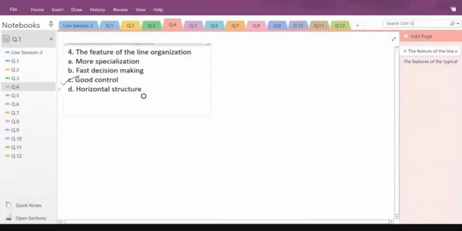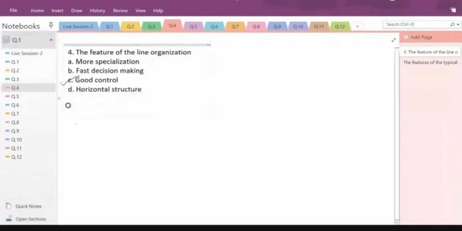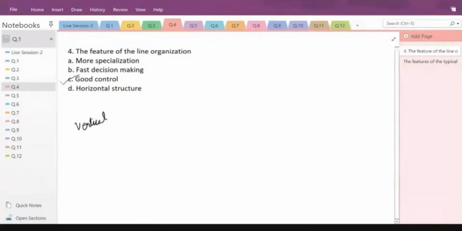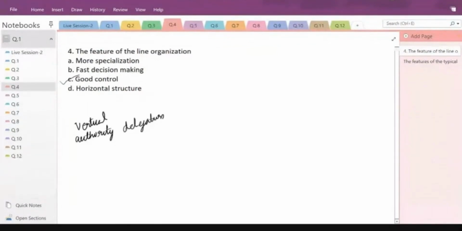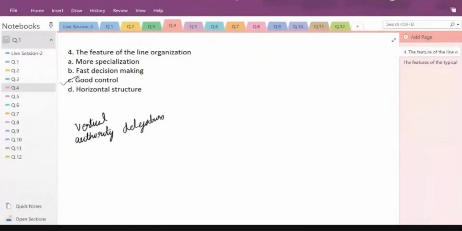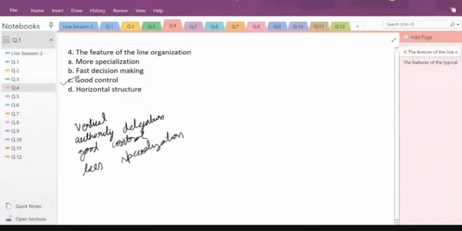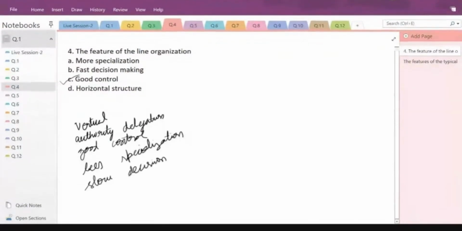Well, we'll discuss briefly about this. These are the following features of the line organization: vertical structure, authority delegation, good control, less specialization, slow decision making.